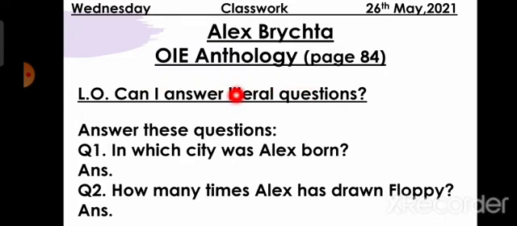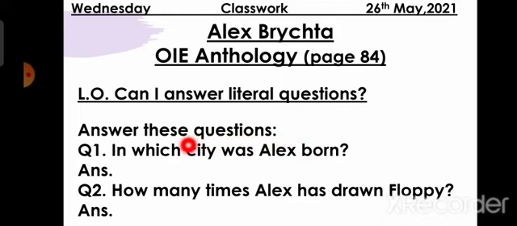Leave 1 line and then come to the learning objective. Today's learning objective is, can I answer literal questions? At the end, you will put a question mark. Again, you have to skip 1 line. Then write answer these questions.